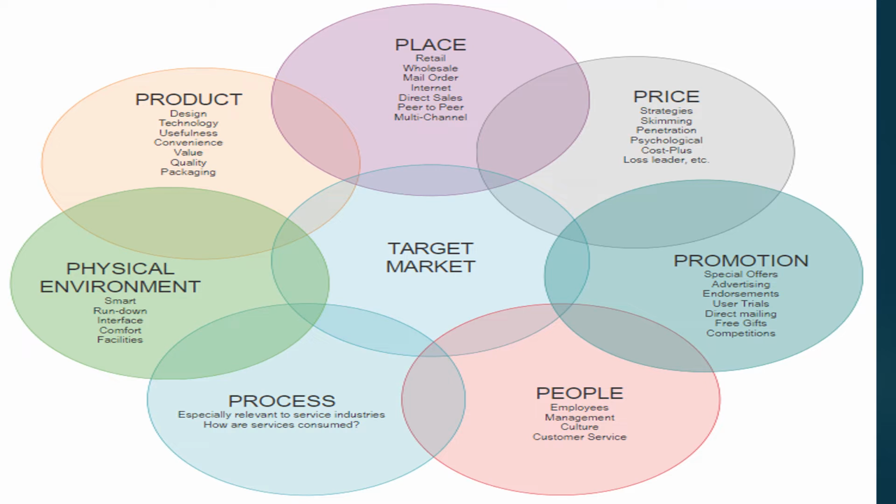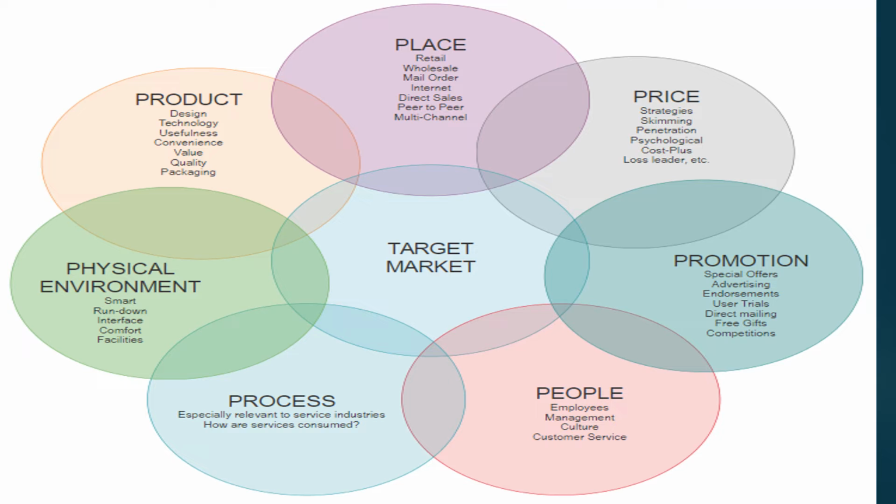Under processes in service industries, for example, the process you have to follow for booking a table in the restaurant, the process you have to follow while booking a ticket to a movie theater, like that. Under physical evidence or physical environment, it refers to a set of tangible items or physical elements present in the service.